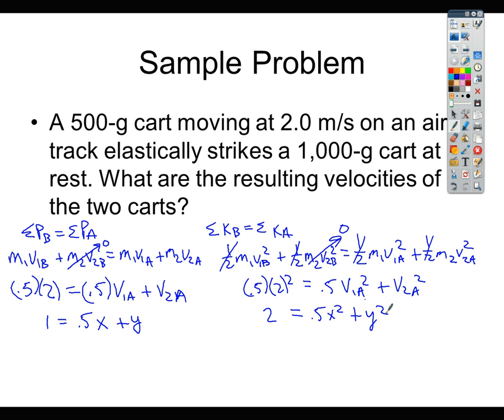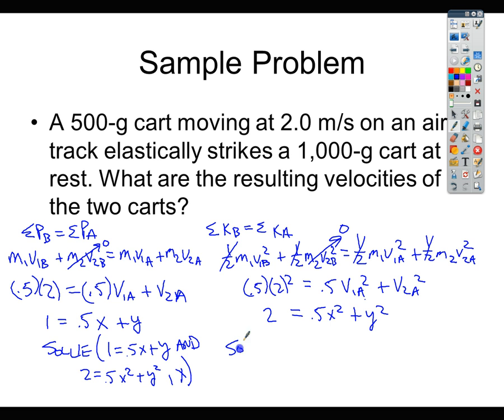At this point we can go through and solve the two equations for our variables, for both x and y. So we want to solve, and we know that 1 is equal to 0.5x plus y, and we know that 2 is equal to 0.5x squared plus y squared, and we want to solve those for x.